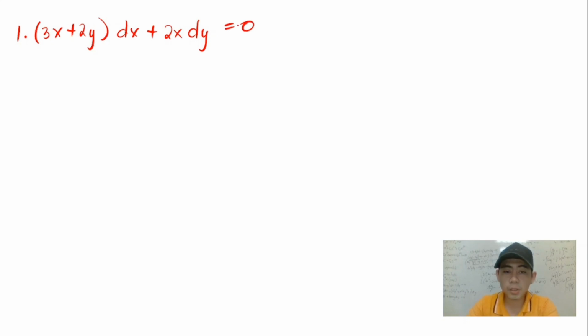So, sa homogeneous equation, meron tayong tinatawag na magic substitution. Ang magic substitution is y is equal to vx, and then the derivative of y is dy equals v dx plus x dv.